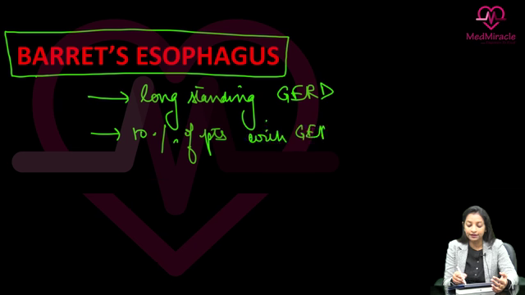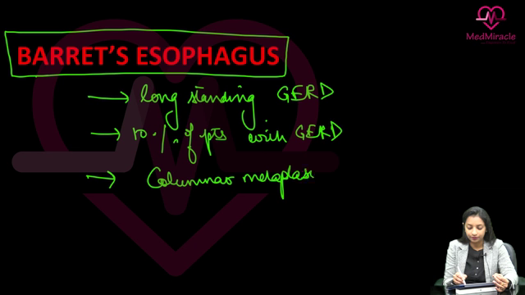Now, what is the characteristic feature of Barrett's esophagus and why is it so important? The characteristic feature is the columnar metaplasia. Also, there is intestinal metaplasia.